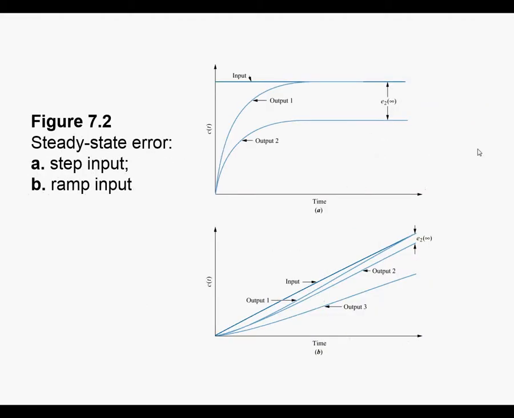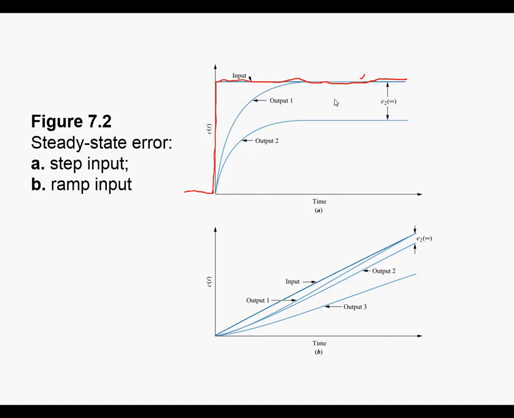The basic concept of a steady state error is this. If you test the output to track the input, say with a step input, and I superimpose the input here, and the output is the same as the input, we're going to be on this horizontal line right here, right?